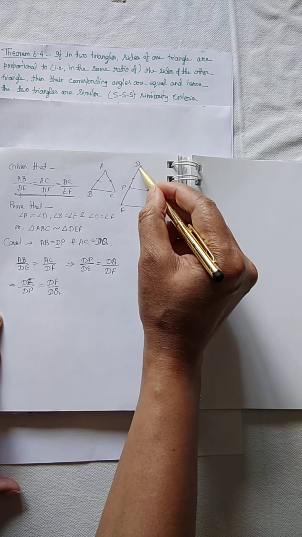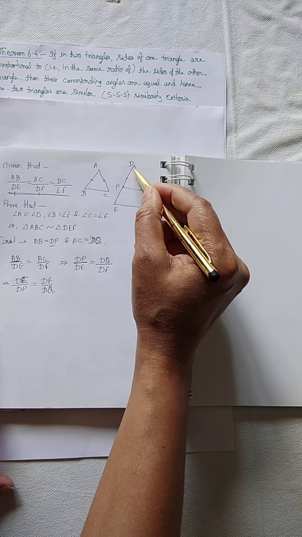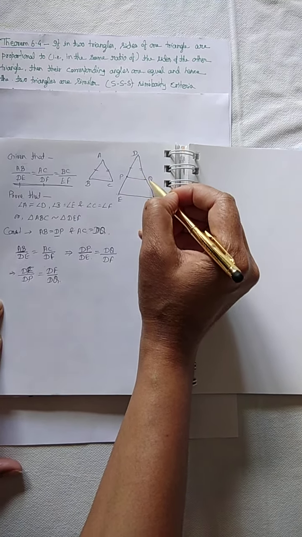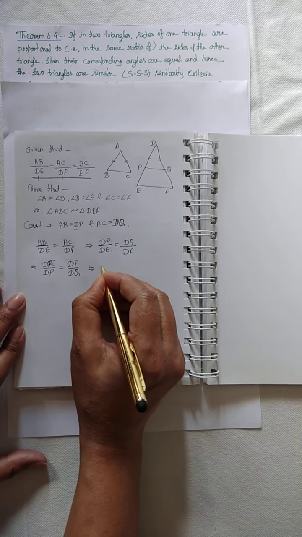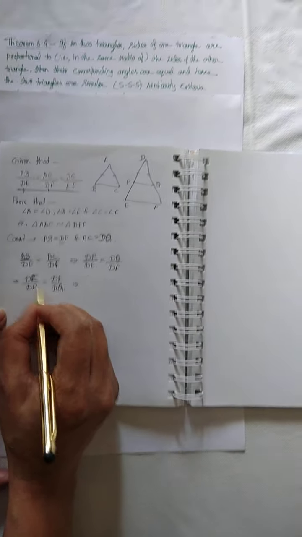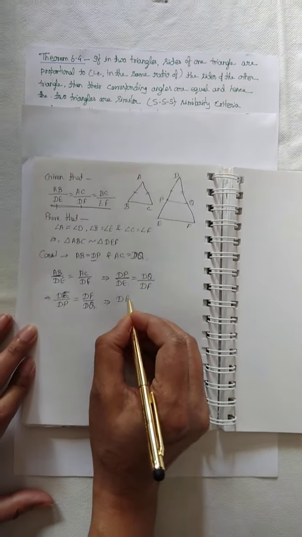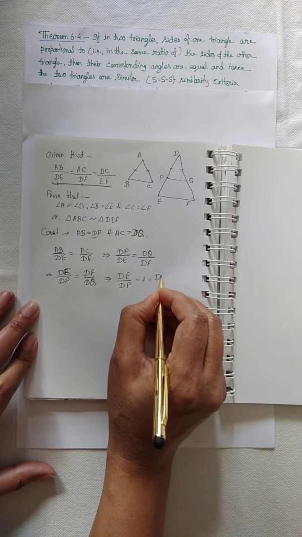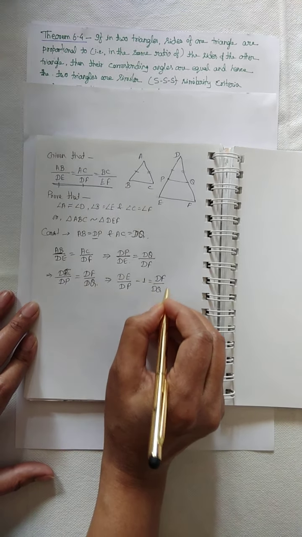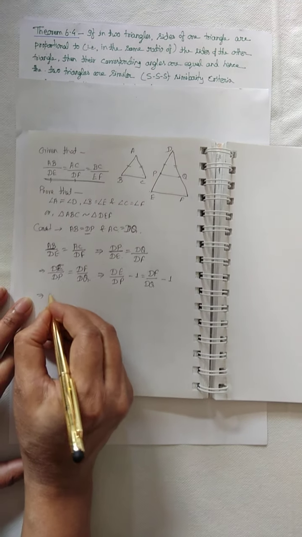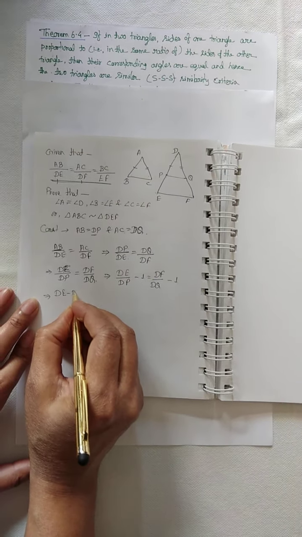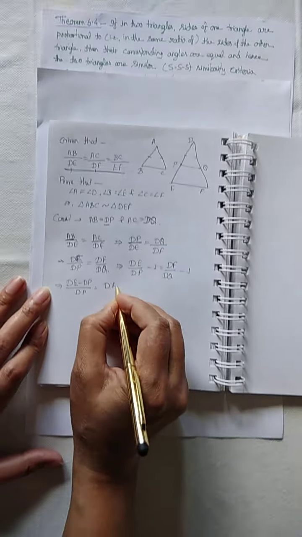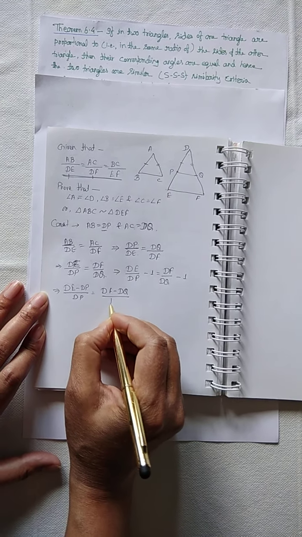But what we have to do is make a proportion DP by PE equals DQ by QF. So we will subtract 1 from both sides: DE by DP minus 1 equals DF by DQ minus 1. Now DE minus DP by DP equals DF minus DQ by DQ.